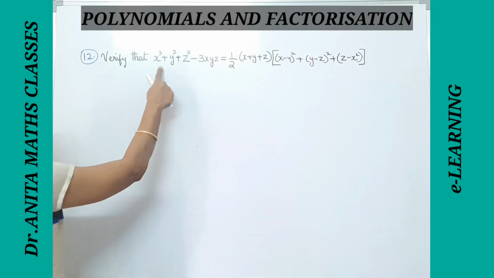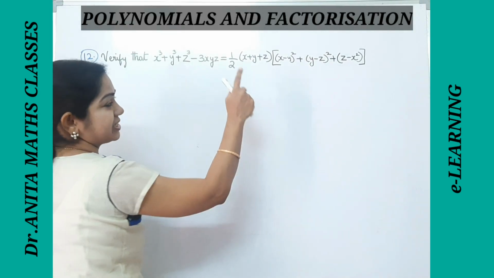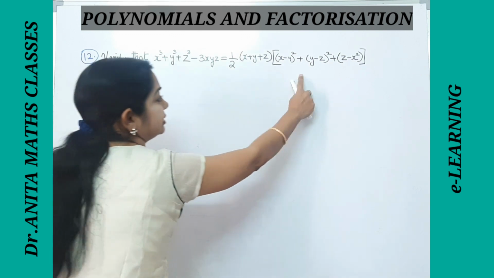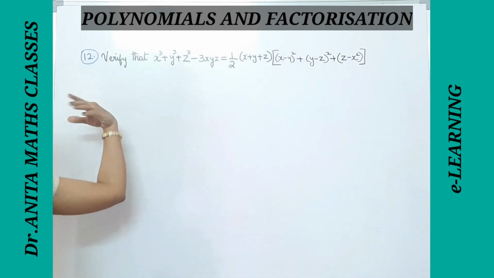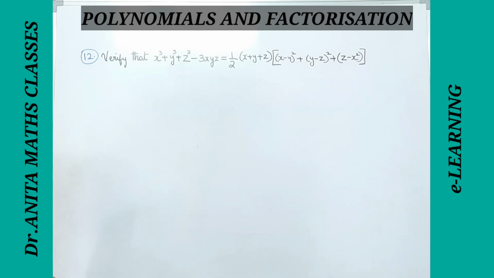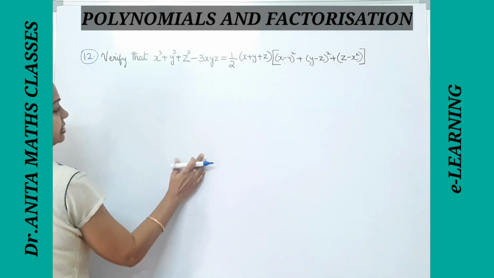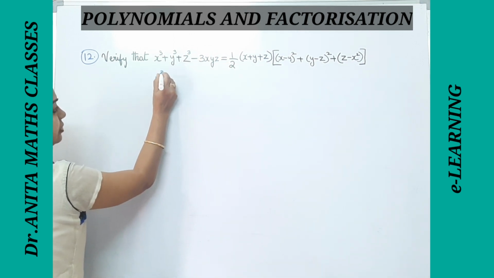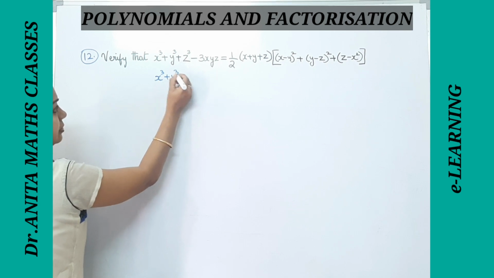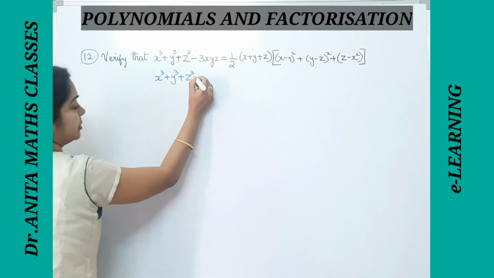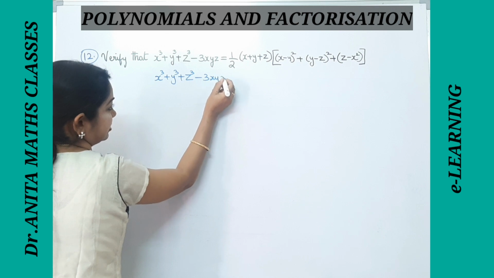Verify that x cube plus y cube plus z cube minus 3xyz equals half into this. So we have to verify this, LHS is equal to RHS. Now we'll start with the identity. The same identity, that is x cube plus y cube plus z cube minus 3xyz.